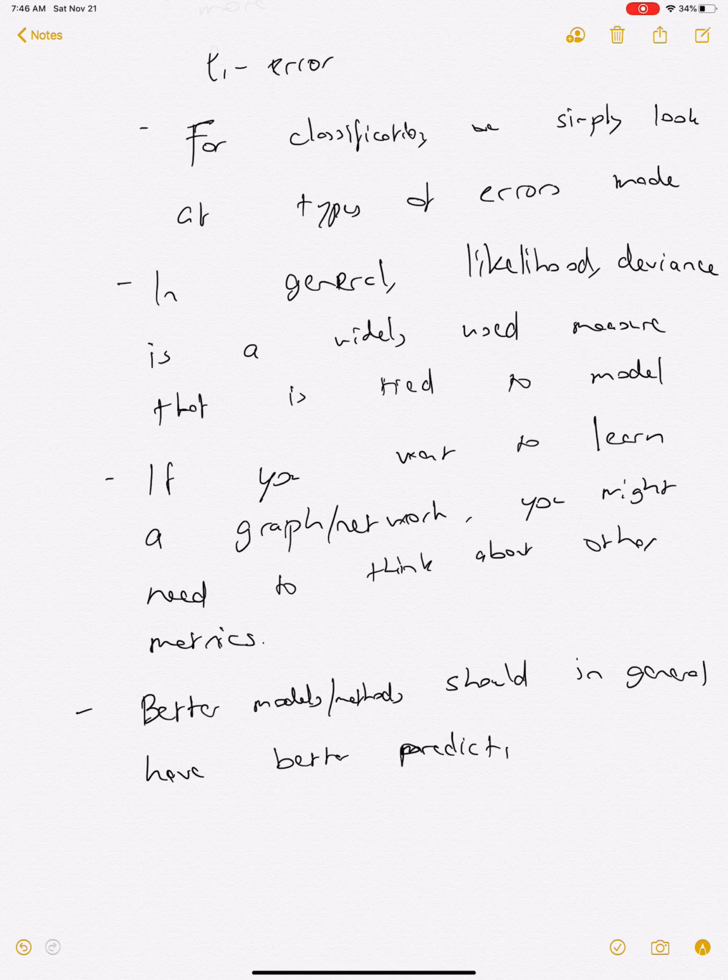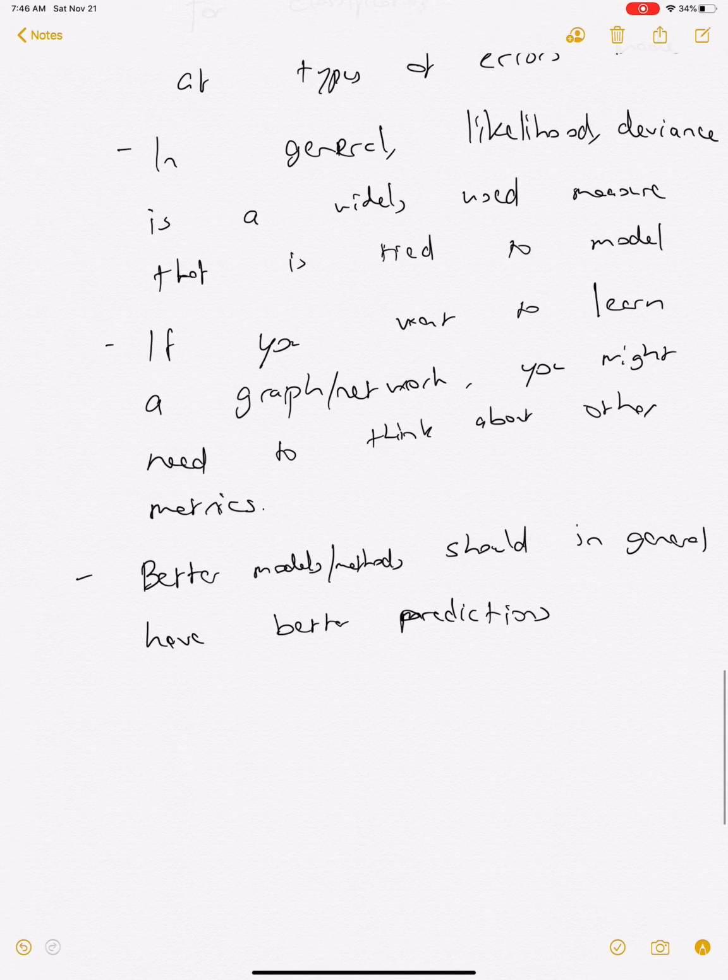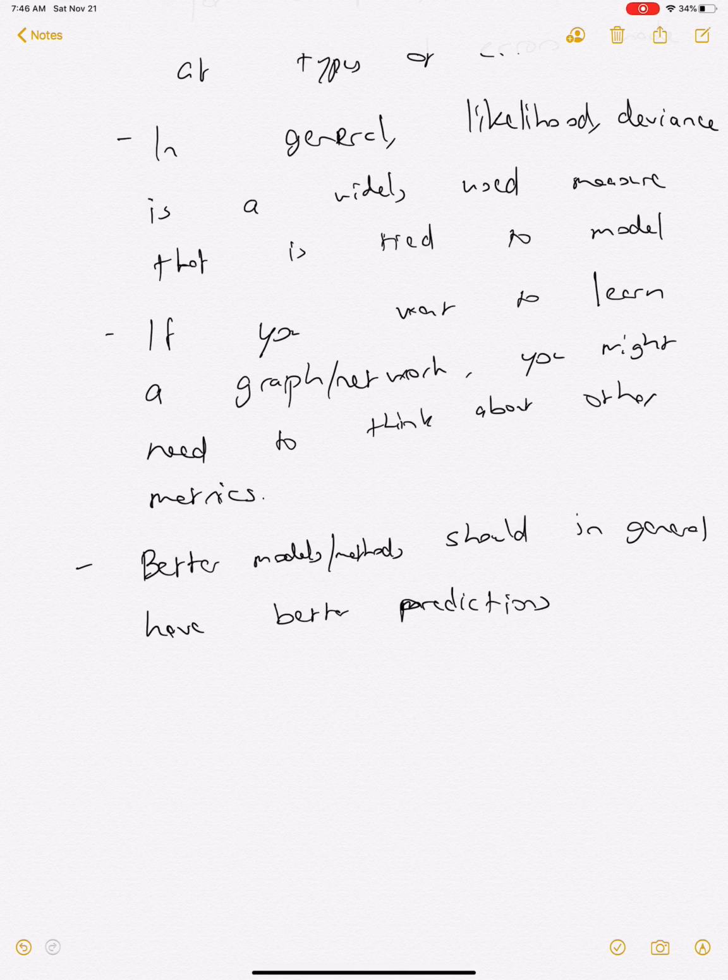Should have better predictions. Okay, so that's the first thing about predictions.